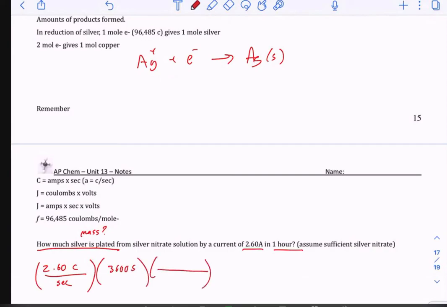And since I have coulombs, my bridge to get from coulombs to moles is the Faraday. I know that a mole of electrons is what's needed for a mole of silver. And lastly, a mole of silver weighs 107.9 grams.